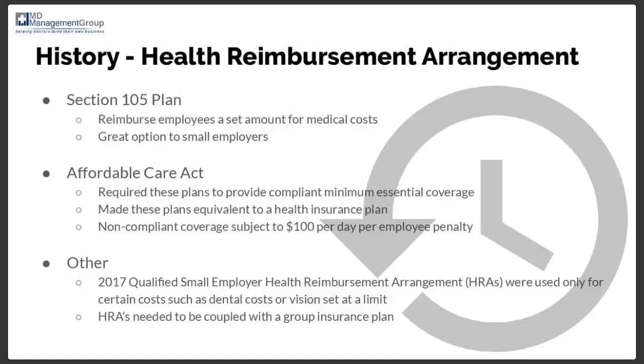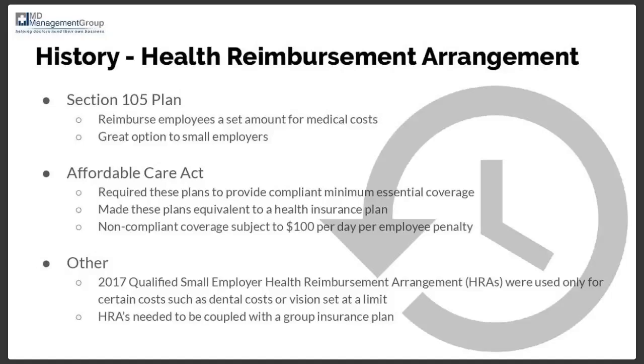However, it was still very costly because you still had to have a health insurance plan, and a lot of small employers, such as the clients we serve in the healthcare industry, just didn't want to put out that kind of money and pay for those kinds of costs.